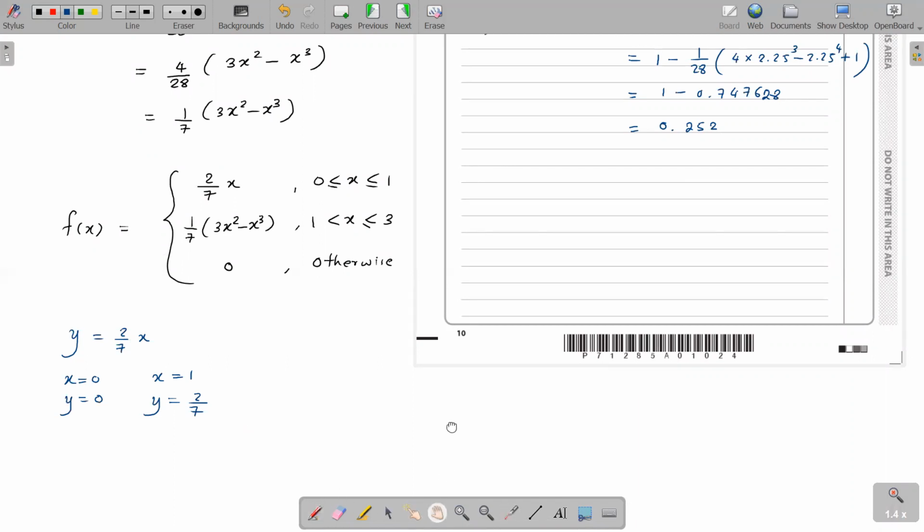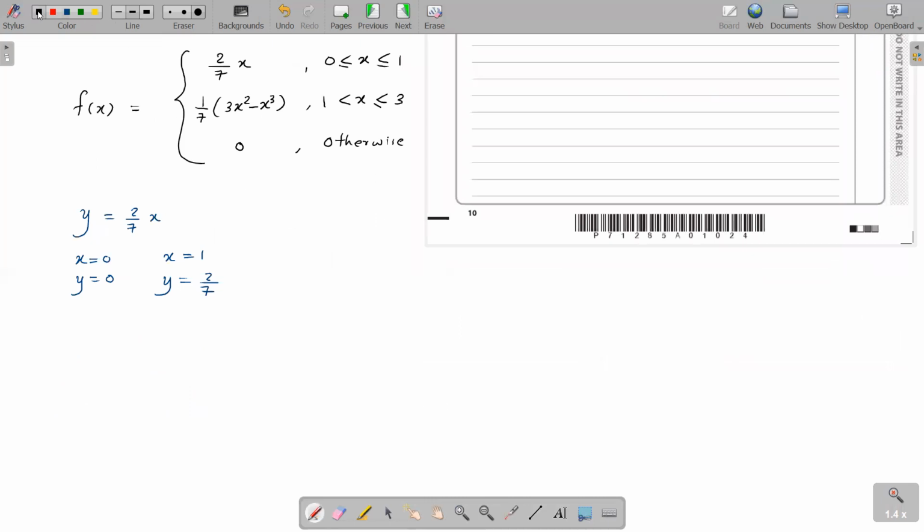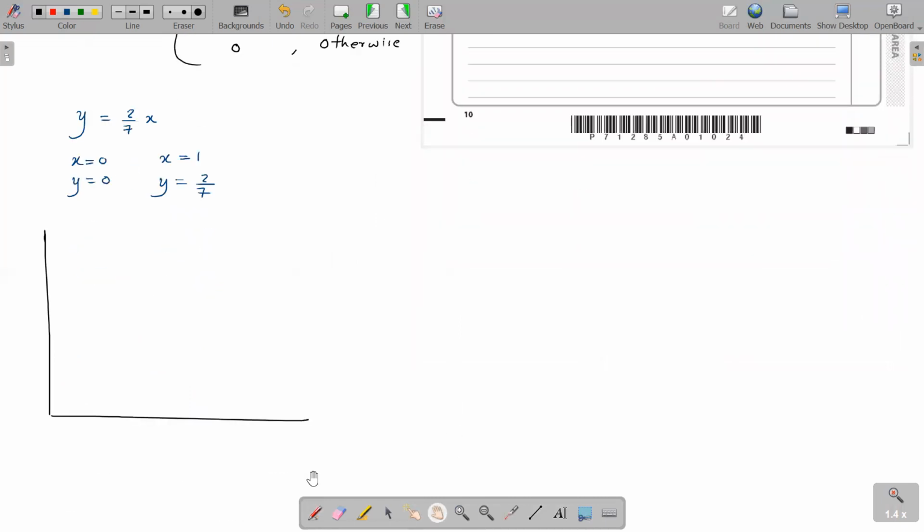So that's the first part of the graph, which is going to be between 0 and 1. So this is 2 over 7, right?